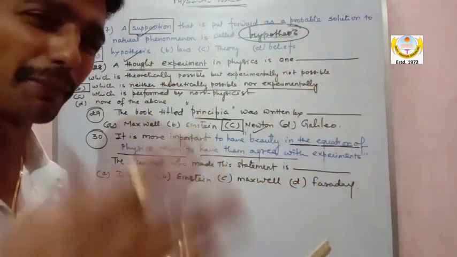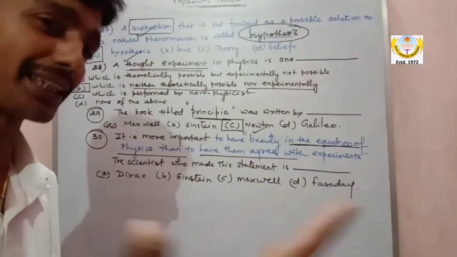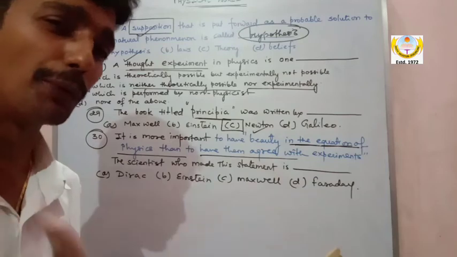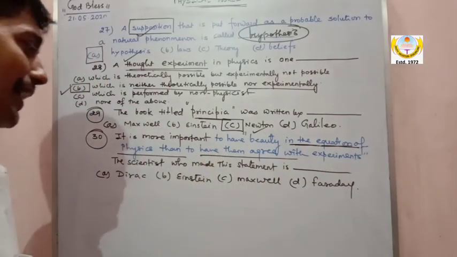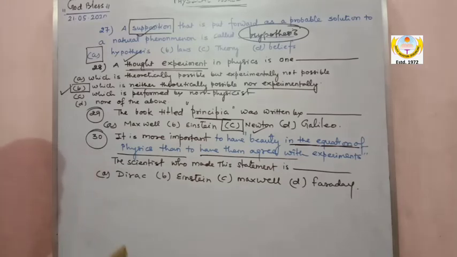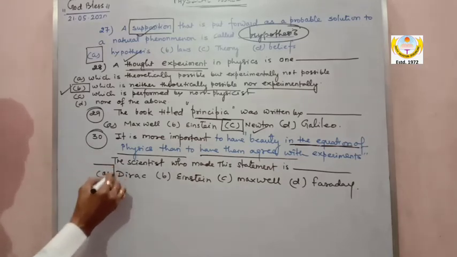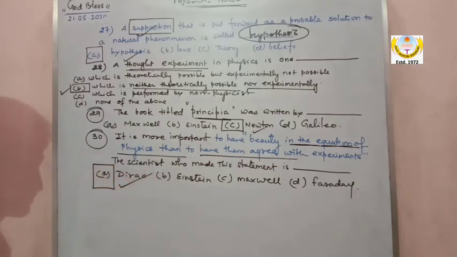Yes, it may be seen experimentally, but if we prove the same thing through an equation, it has a different beauty, my dear. This is the statement made by a great scientist, and I hope you know the name of the scientist was Dirac.